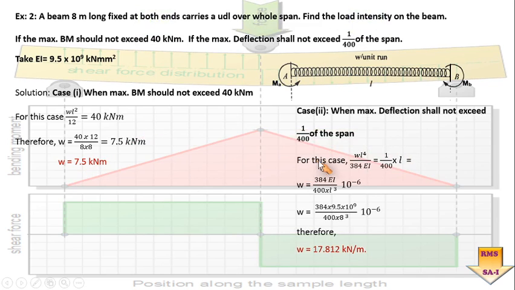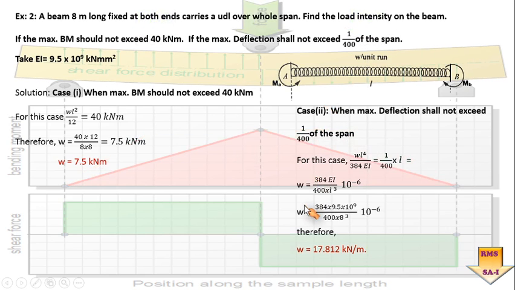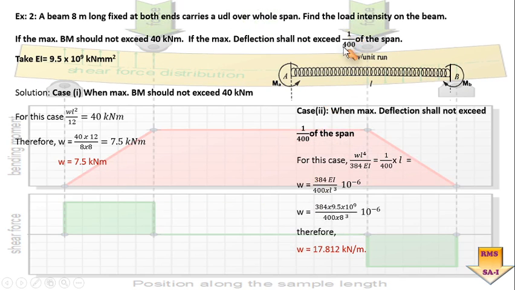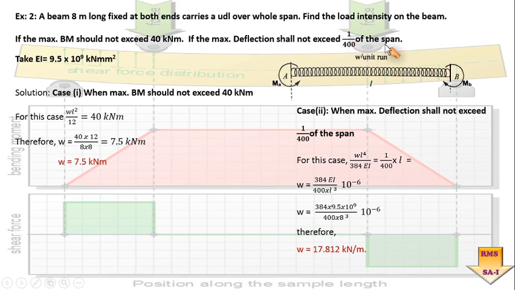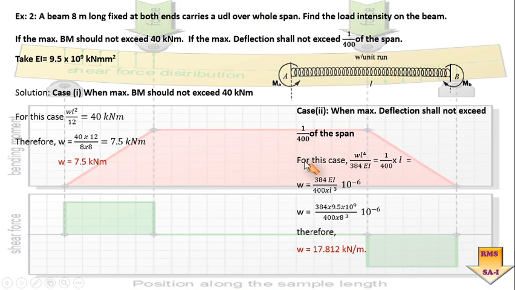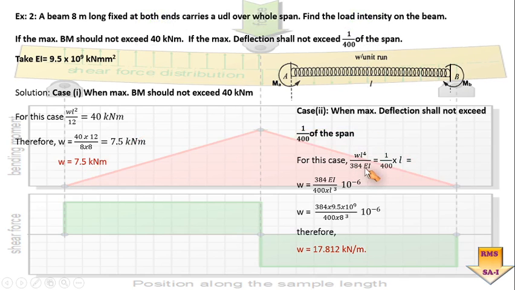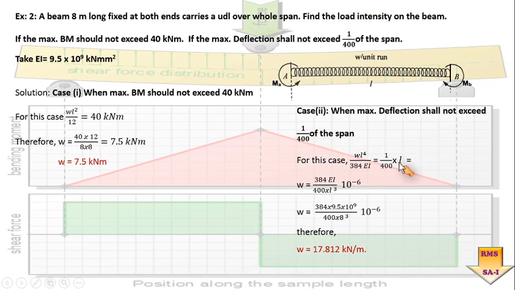And for one more case we have to find out the value of W, if the situation is that the deflection should not exceed 1 by 400 of the span. I know that for this case the maximum deflection is WL raised to 4 by 384 EI, which should not be more than 1 by 400 of the span.